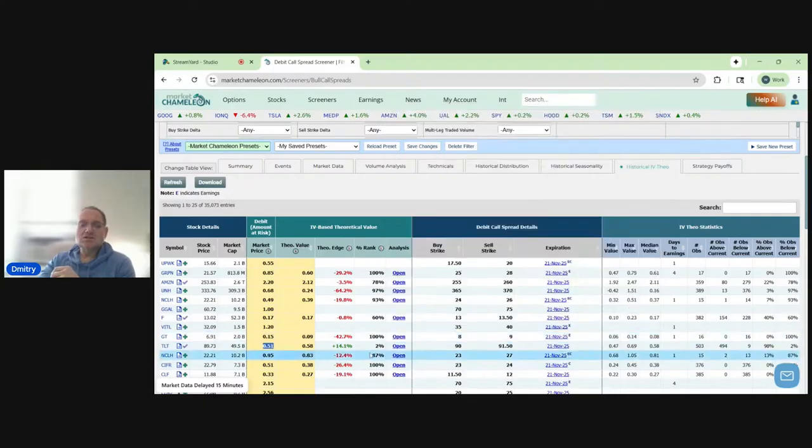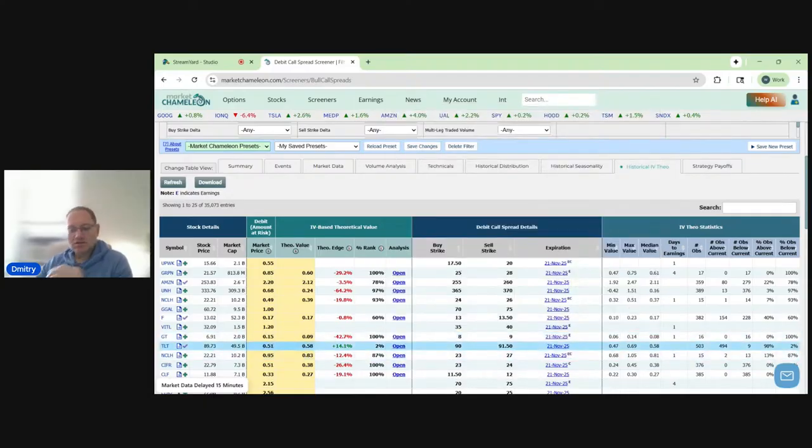So what this allows us to do is compare more apples to apples instead of just looking at the implied volatility of a 30-day IV, which doesn't really tell you where the options are priced. It gives you a general feel for the level of implied volatility if we used 30-day constant maturity at the money.